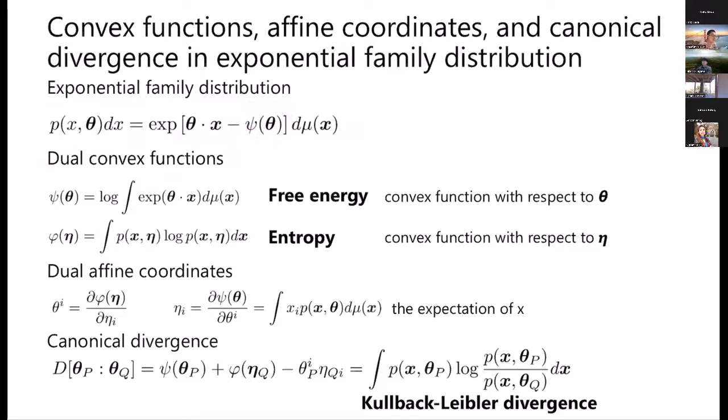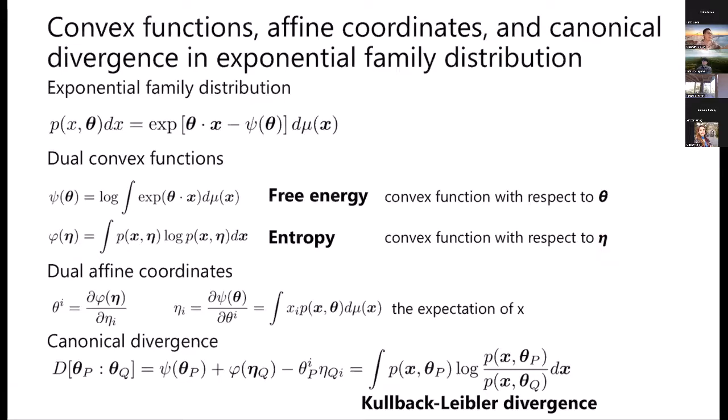This free energy is a convex function with respect to theta, and theta is one affine coordinate system. Another dual convex function is entropy, which is a convex function with respect to eta, and eta is the other affine coordinate.